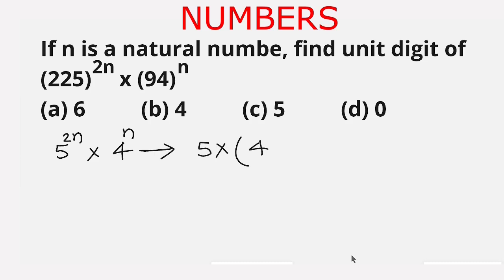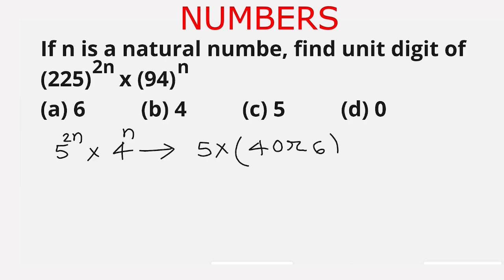Again we are going to get 4. So this way, when the power is odd, we are going to get the ones place digit of 4 as 4. And when the power is even, then the ones place digit of 4 to the power any even number will be 6. So we can write it as 4 or 6.